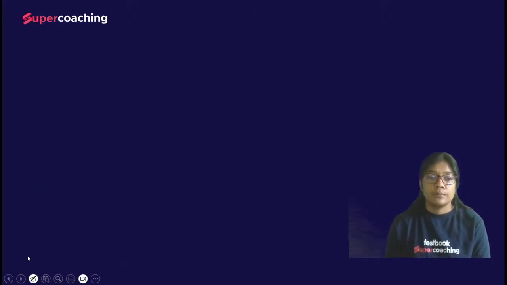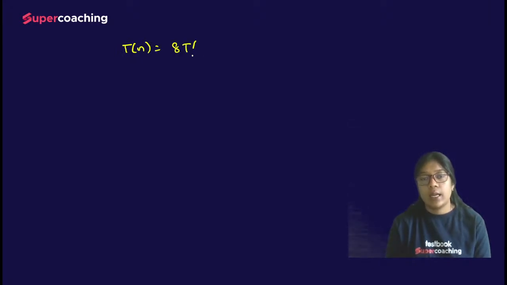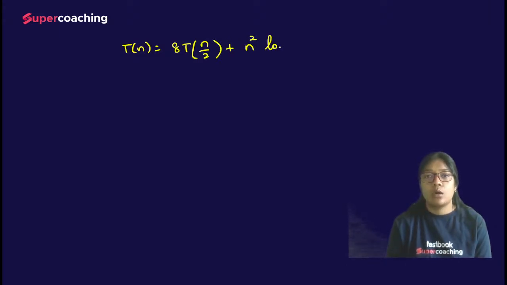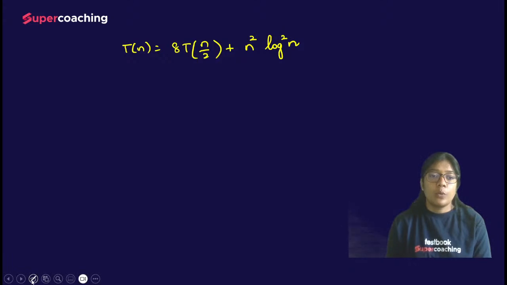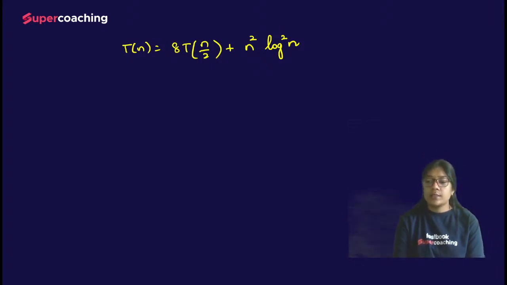Next one, we are given that T of n is equal to 8T(n/2) plus n square log square n. This is the given function. What will be the answer? What should be the answer here?